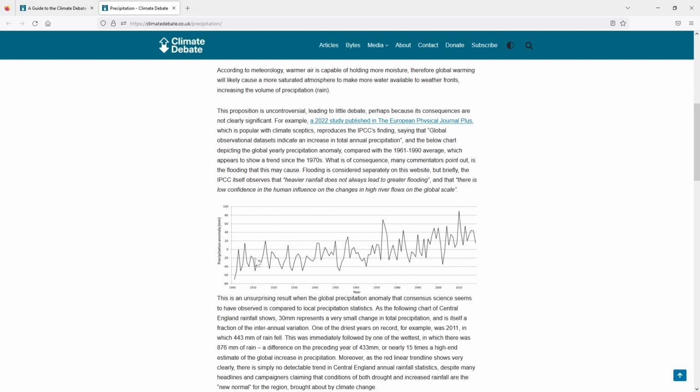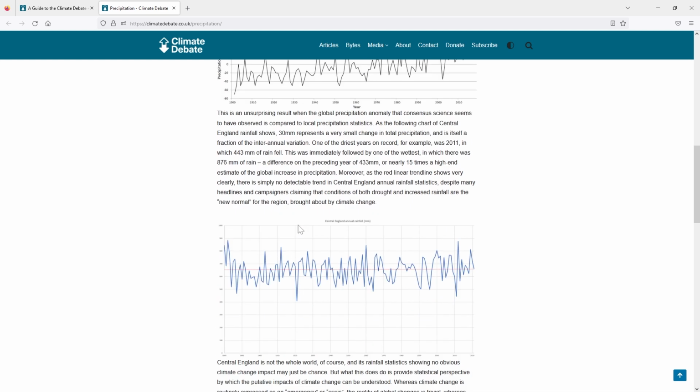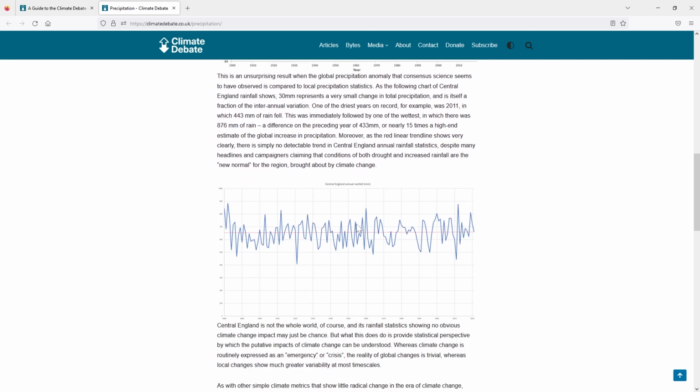And there is a little graph there showing that globally there appears to be more rainfall than there used to be. But when we move to central England, which is a very rainy place, or relatively rainy place, we don't see so much evidence of a radical increase in rainfall. In fact, we see no trend at all.